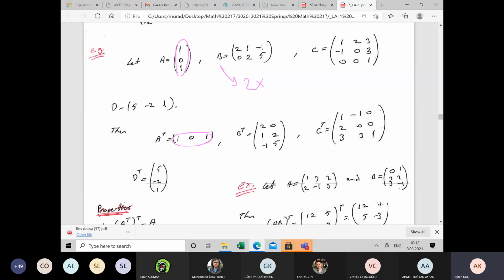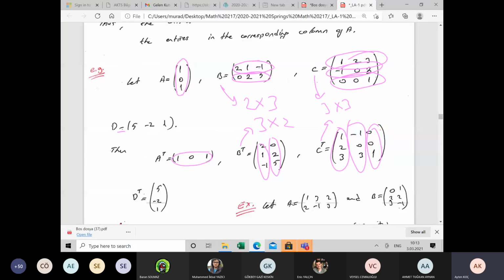C is a 3 by 3 matrix and its transpose is 3 by 3. First row, first column. Second row, second column, and the last row will be the last column. And the last one, D, is a 1 by 3 matrix, so the transpose should be 3 by 1. First row will be first column. It's okay. Any question?